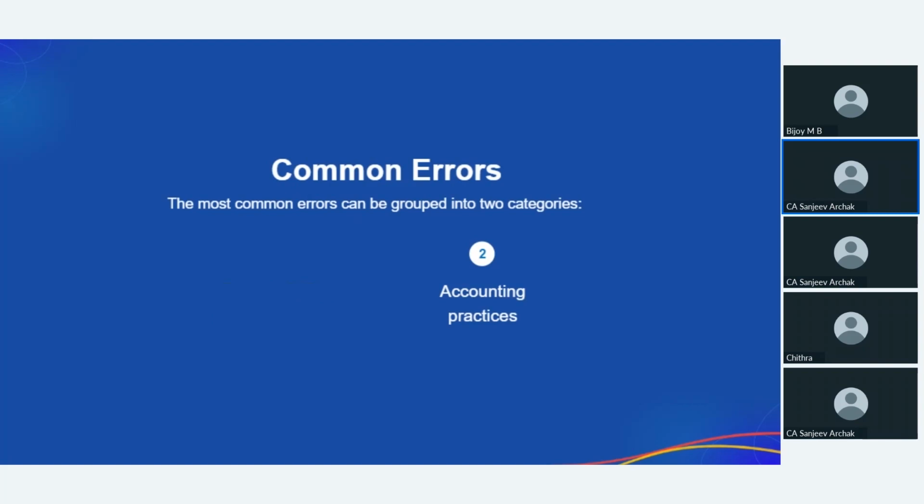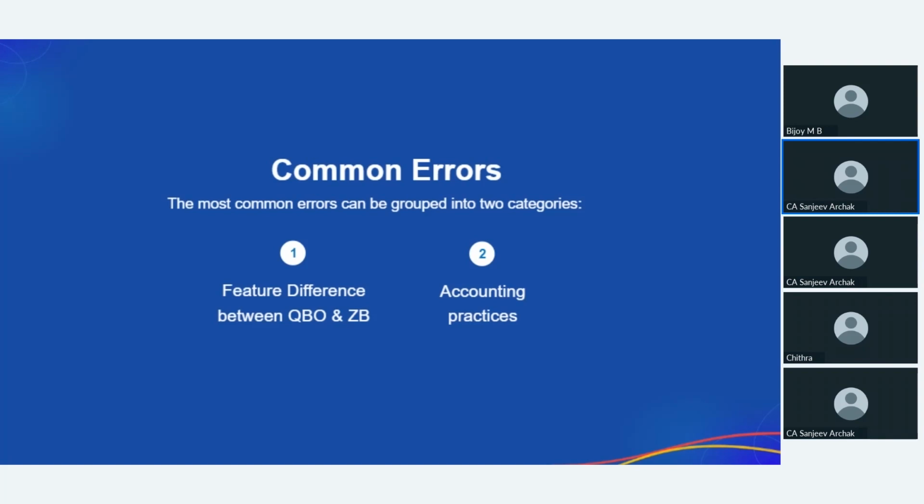One set would be the errors that arise out of the feature differences between QuickBooks and Zoho Books. These are challenges which are unique in nature. And the second, I would still call it an error, would be the accounting practices that the client has historically followed.